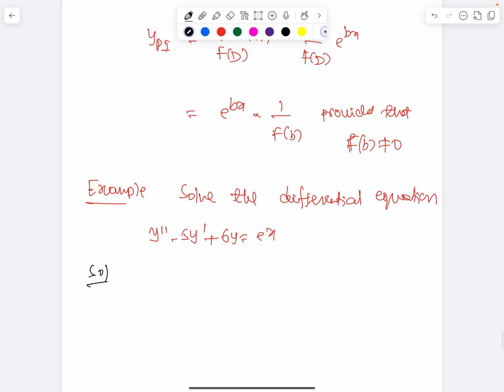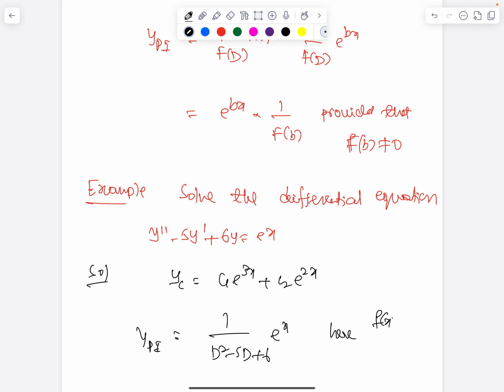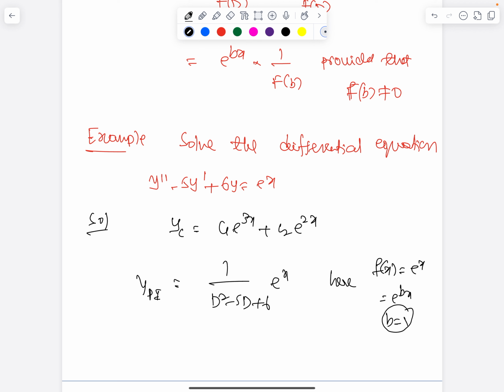For example, solve the differential equation y double prime minus 5y prime plus 6y is equal to e power x. We know that yc is equal to c1 e power 3x plus c2 e power 2x, and y p i is equal to 1 by D square minus 5D plus 6 into e power x. Here f of x is equal to e power x, but if you compare with the general form e power bx, b is 1 here. Therefore, the coefficient of x is 1.